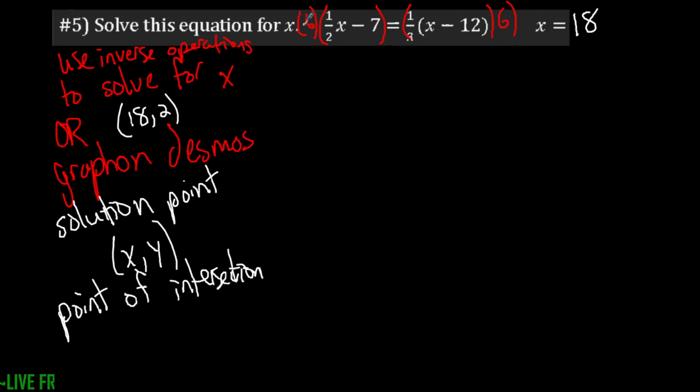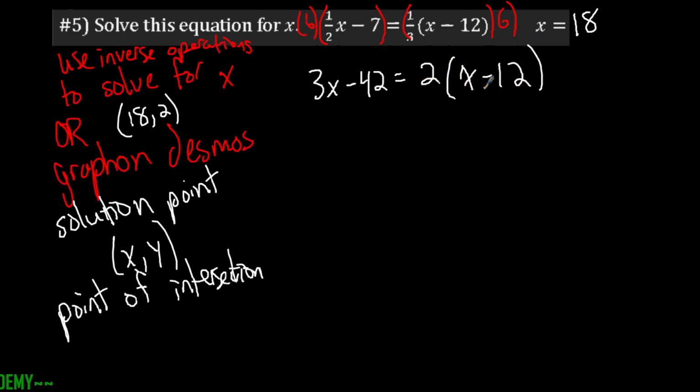And so what I can do is I can say, well, 6 times 1/2 x is going to be 3x, and 6 times negative 7 is going to be negative 42. On the right side, I have 1/3 times 6 is going to be 2 times quantity x minus 12. Same thing, make sure you distribute the 2 to each of these terms.